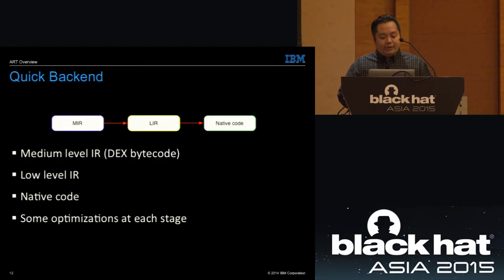Quick basically turns your dex bytecode, or in this case what is called the medium level intermediate representation, into a low level intermediate representation, and then converts it into the native code of your device. And there are some optimizations done at each stage.